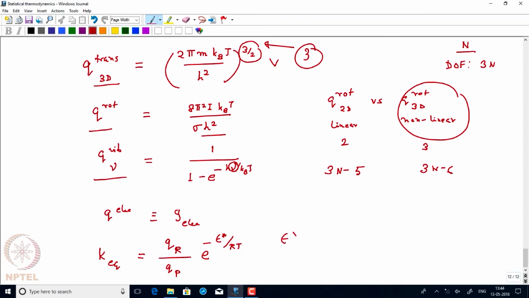Some textbooks write it as delta E0. So the delta denotes a difference in energies, and 0 says that it is the difference in the 0 point energies.